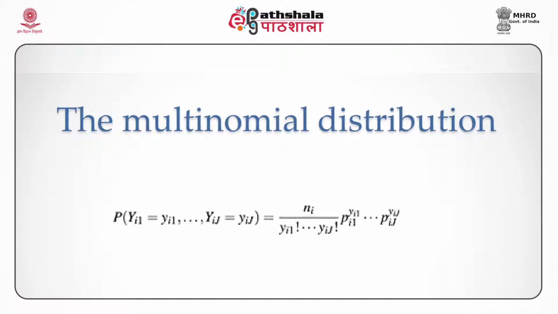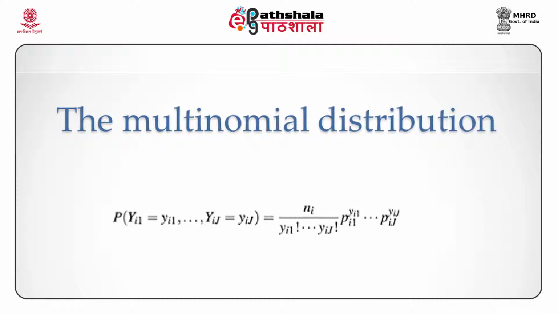Of course, the summation of the pij's is equal to 1, and the reason that the p's are dependent on i is that we have a regression setting where the probability of an individual being contained in a particular category depends upon the individual specific covariates.